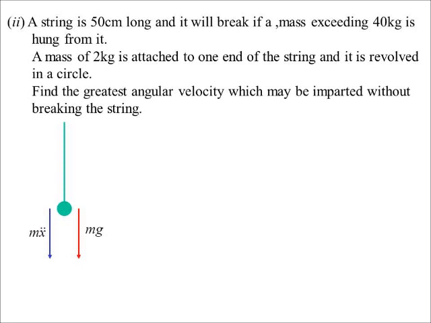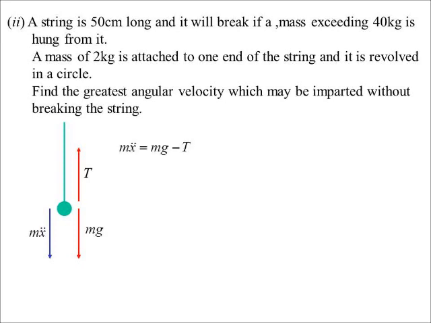Whenever you have a string attached to an object, the resistive force in the opposite direction is what we call tension. You might have heard the term tension in the string. So tension will always go up the string, if you like, away from the object, up the string. So whenever you've got an object attached to a string, you're going to have this force of tension.